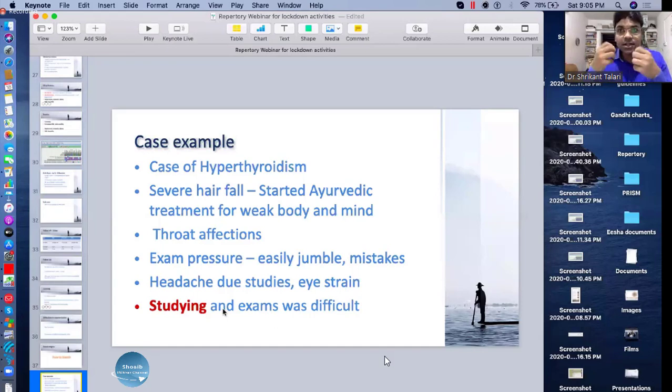So I thought it is because of my underweight or strength, etc. So I started taking tonics, I started taking milk, I started doing all kinds of things so that I will gain weight. But instead of gaining weight, I started losing weight, I started losing hair, I started losing everything, I started having throat infections. All this I started to have.